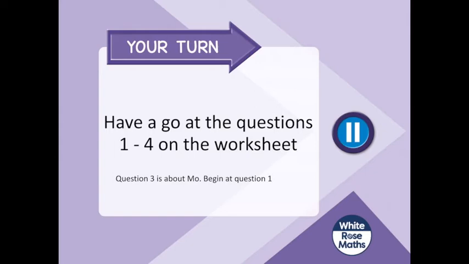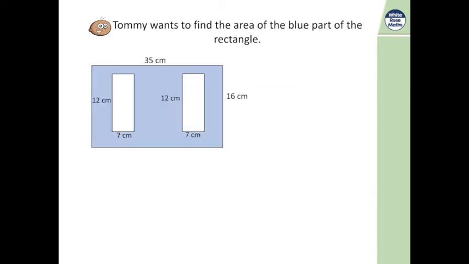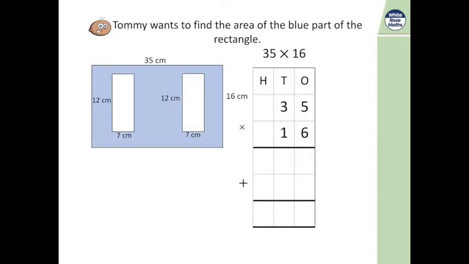Have a go at questions 1 to 4 in the worksheet, where question 3 is about Mo. Start with question 1, of course. Now, problem solving. Tommy wants to find the area of the blue part of the rectangle. What does he need to do? Okay, step 1.